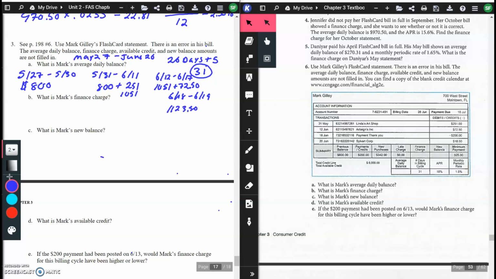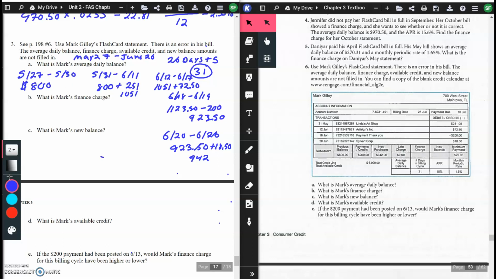That's from the previous, plus minus $200 because of a payment. Okay, that gives us $923.50. And then from 6/20 to the end of the cycle, 6/26, we had $923.50 plus $18.50 to Silvart Corp. All right, that's $942.